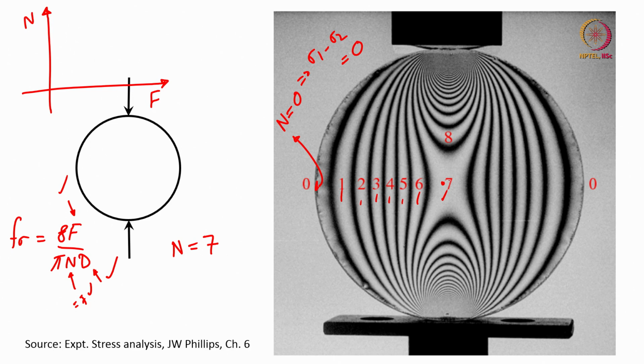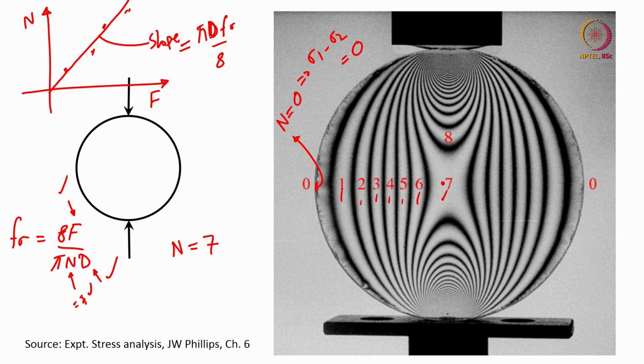Obviously, the fringes will all move around. You will get something like this, then you put a best fit line, and the slope of the line will give you pi D f sigma by 8. Again, you know what pi D by 8 is, because you know D, and you can calculate f sigma.